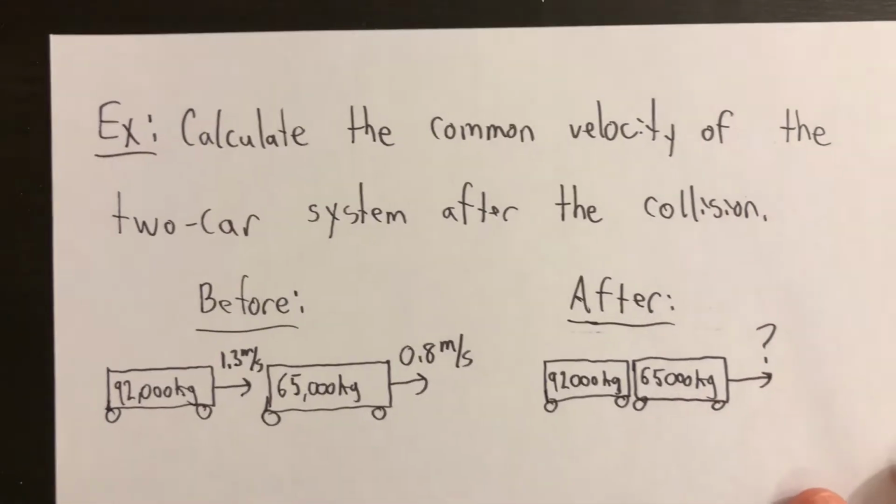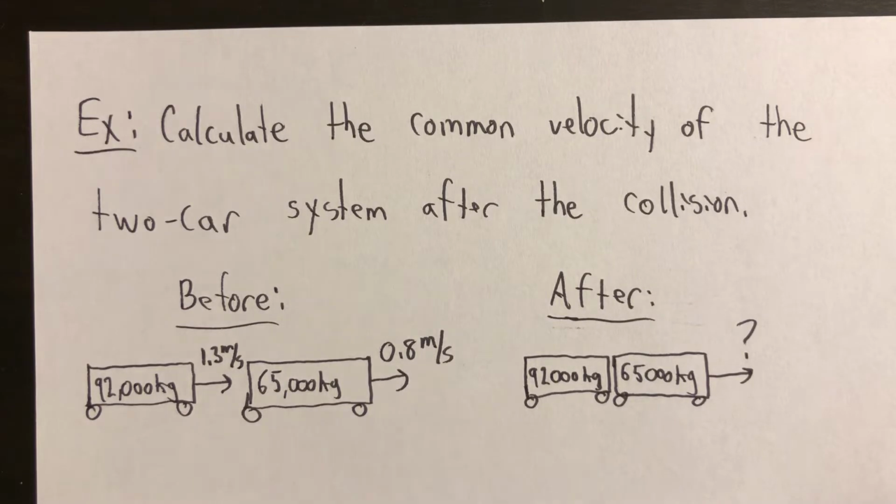Here's the example. Take a quick pause and write it down. We're going to calculate the common velocity of the two-car system after the collision. So this is what I was talking about when I was talking about systems. The system here is two cars. If there were a third car that came in and bumped them, then that would be considered an external force.